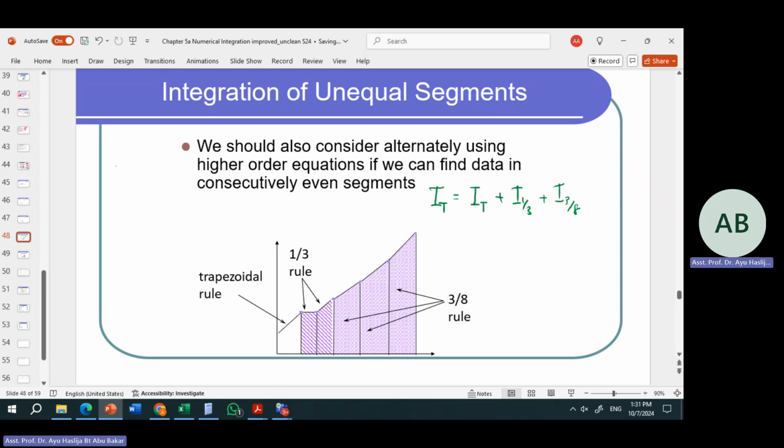And remember, each method has its own equation. The last point, it used trapezoid.